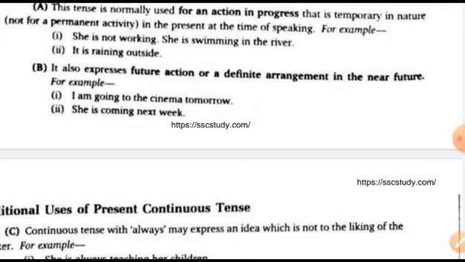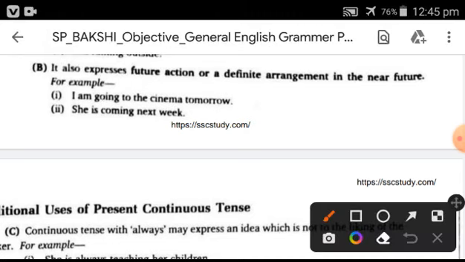And these are the words which help us to determine whether I can use present continuous or not. Words like next week, tomorrow, and many more. We will see further.